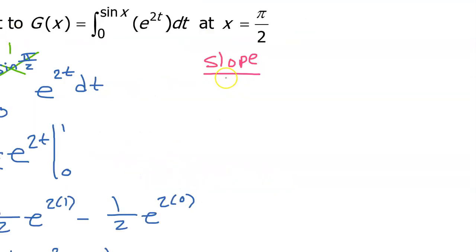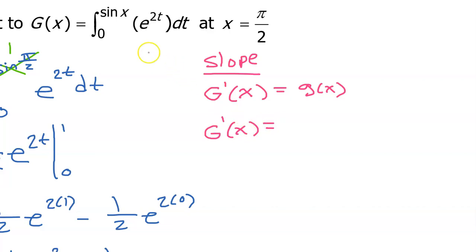Now we need to find the slope. So let's get ready to find the derivative of capital G, which would be the same as g of x, by the way. Notice that this is not the common case, so we have to be very careful. So when we do the general form, we take the upper function and we plug it in.